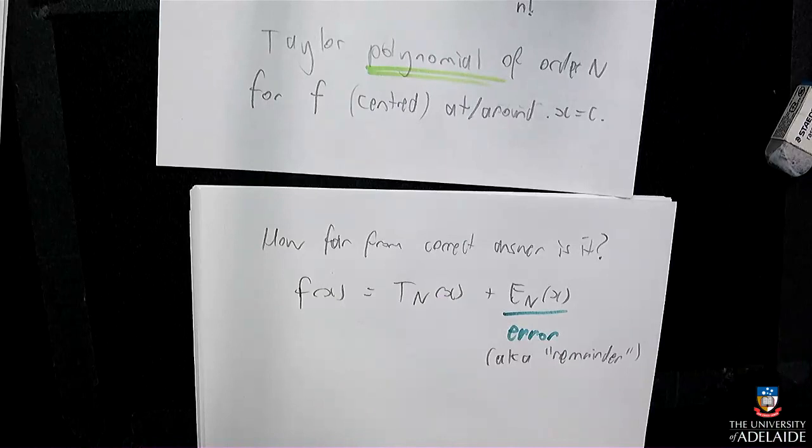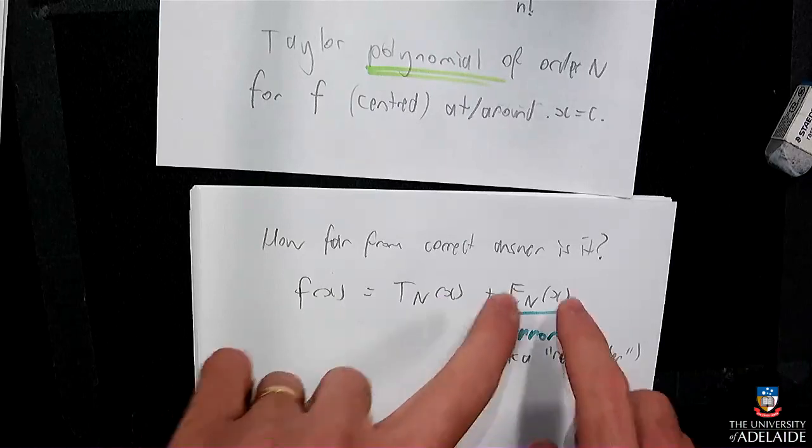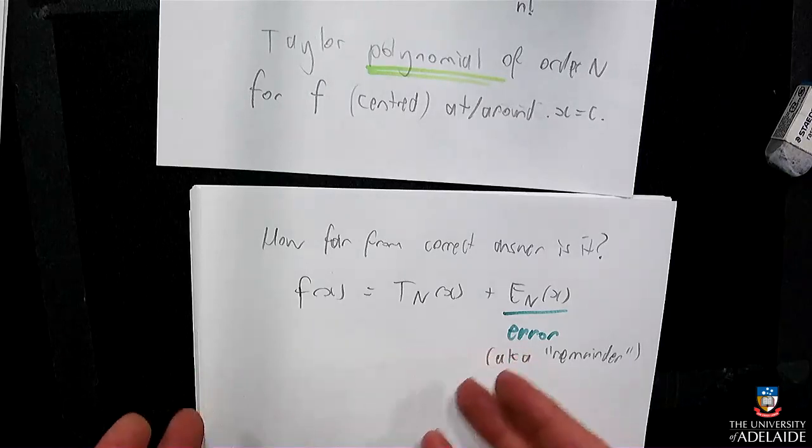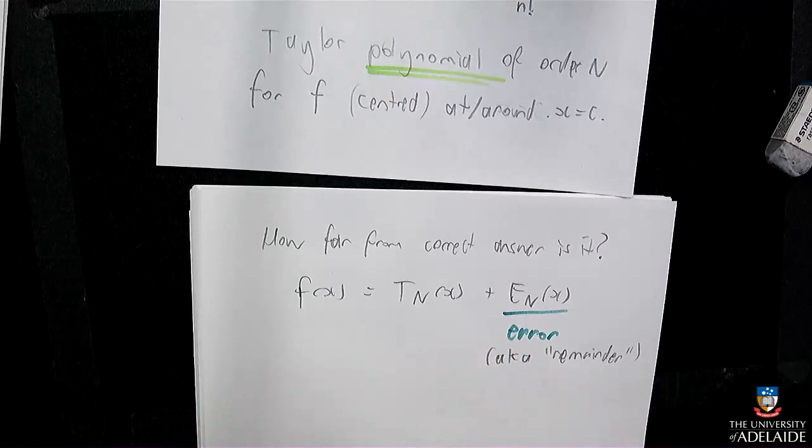So we would like to know what this is. And we would like to know what that is without having to calculate what f of x is. Similarly to when we did our polynomials, we would like to know how to figure out how bad our error is without actually finding the whole polynomial. Because the whole point of only doing some of the terms was so that we didn't have to do all the rest of the terms.